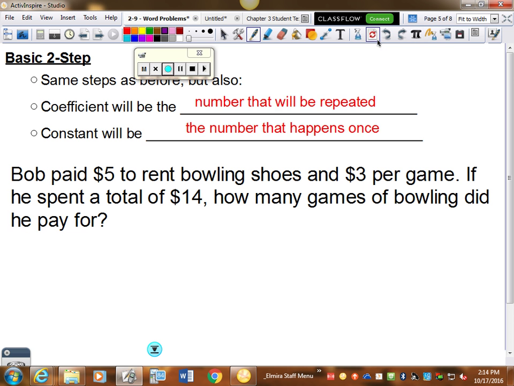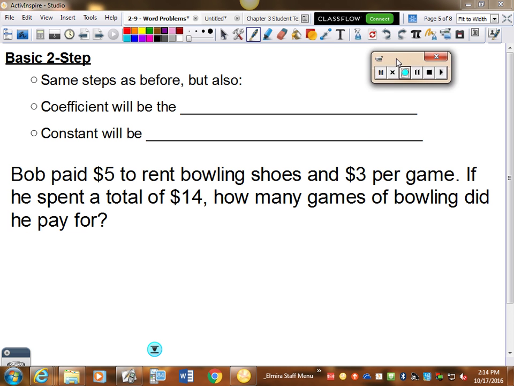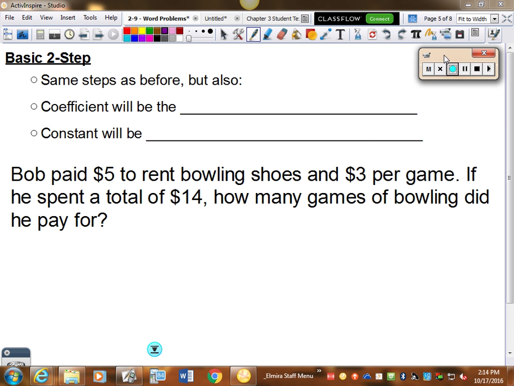Okay, let's go to 2 steps. Guys, setting up the 2 steps is probably more important to me than setting up the 1 steps, because we will be working with 2-step equations when linear equations have 2 variables in them. So this is actually more important to me that you can do.